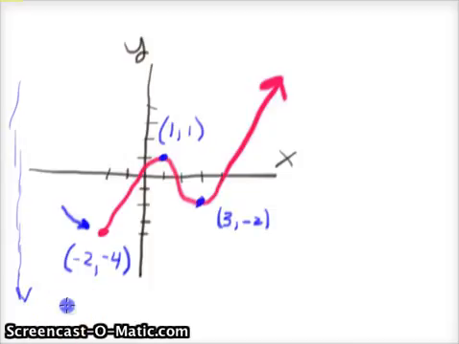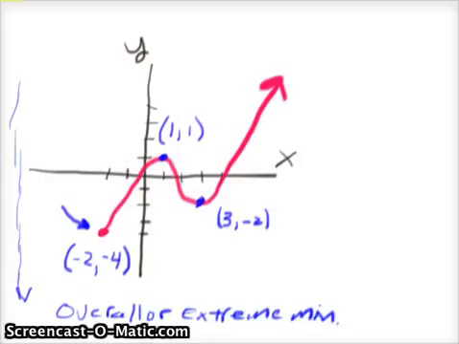So that is called an overall or extreme minimum. Extreme minimum. Now, what is the minimum? Now remember, the minimum are the y values, so the minimum would be -4. Okay?